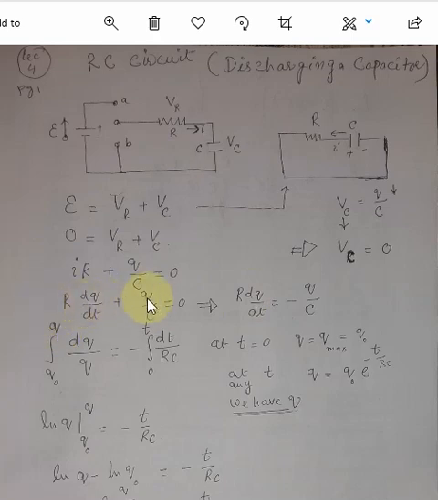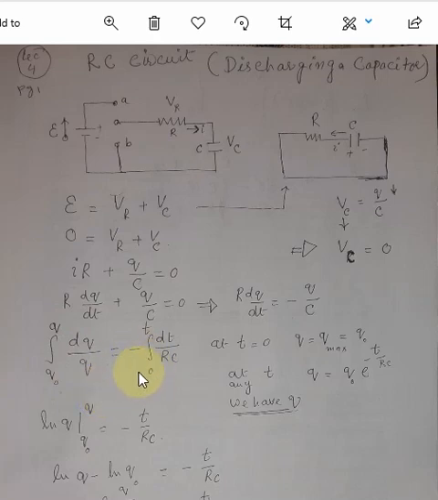Rearranging this equation, this goes to the other side, it gets negative q by c, and then separating the variables, bringing the q's to one side and t's to the other side, we get dq divided by q on the left hand side, and we get minus dt divided by rc on the other side, and then integrating the equation between the limits.